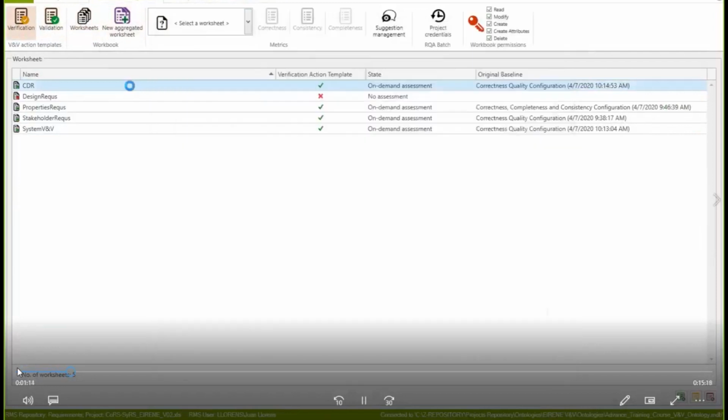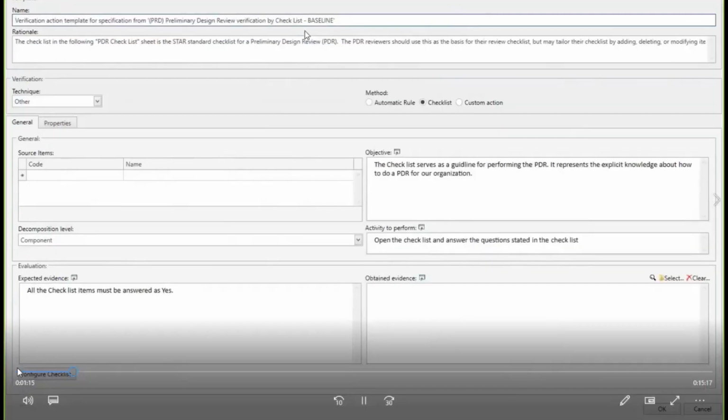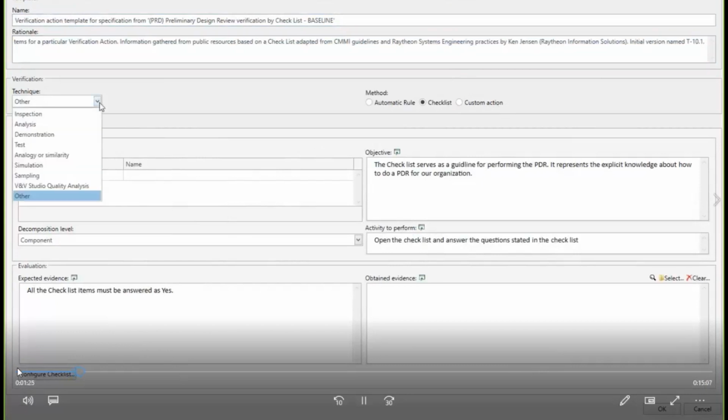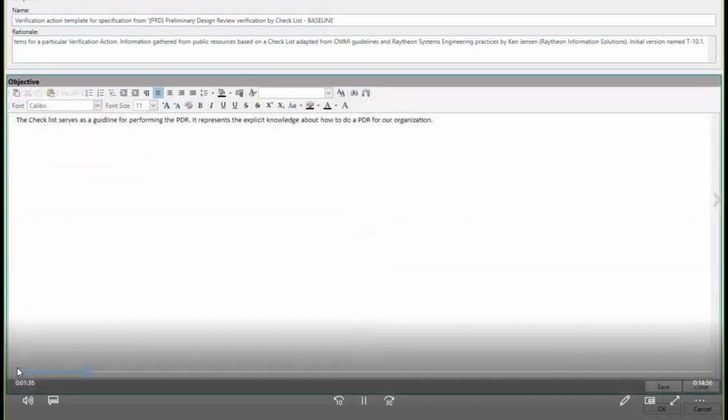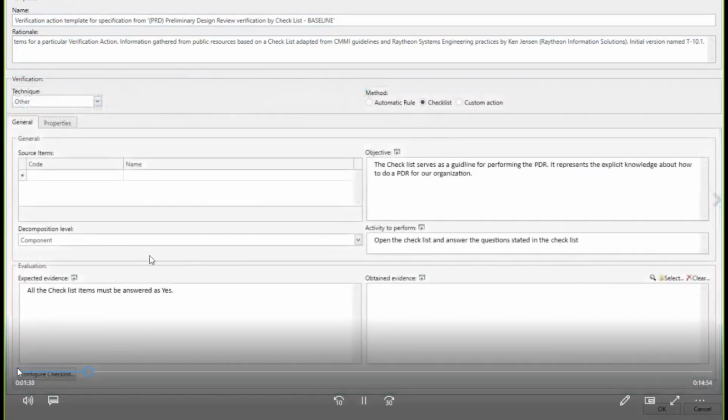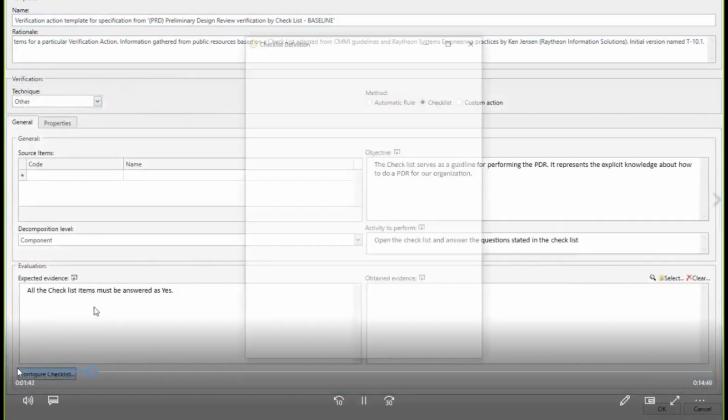For example, the CDR, I'm opening now: how are we going to verify a CDR? In that case, we are using a CDR verification coming from Raytheon and a CMMI that is public somewhere, and we are going to define this using a checklist. As this is the template, it offers us the possibility to fill in how everything has to be done, the objective and everything, and of course to manage these different checklist elements.